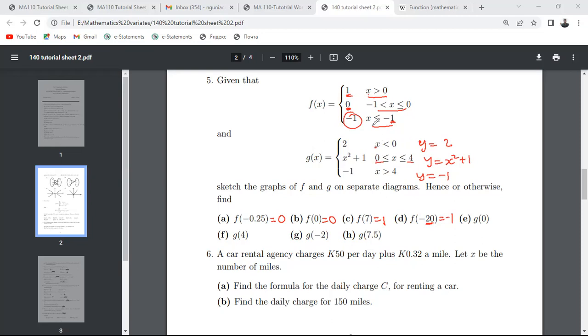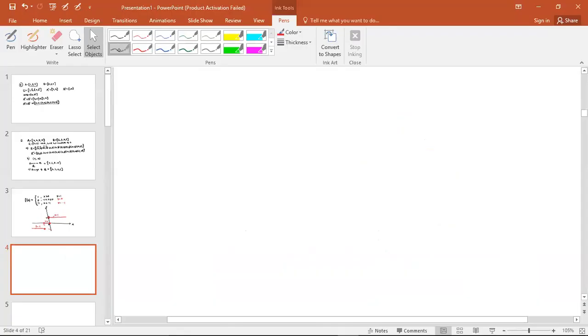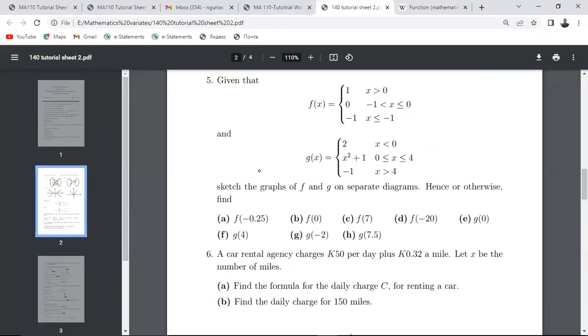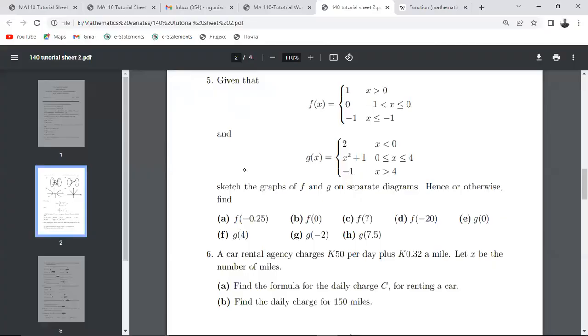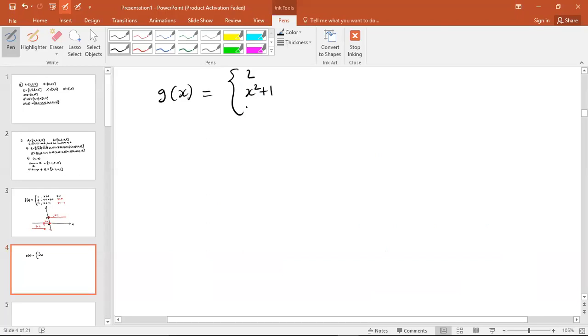So let's go to our graph. Let's go to our table and come up with, first of all, what is our function? g of x is given by 2, then x squared plus 1, then -1.